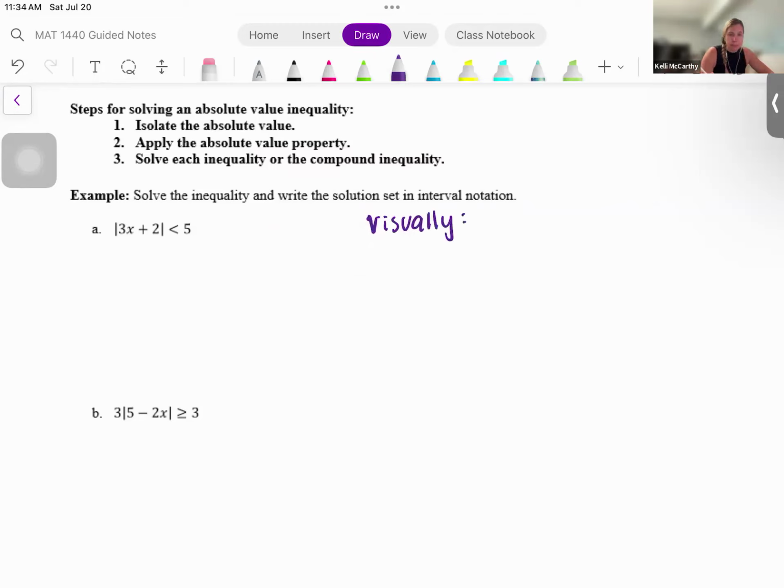Let's think about what this means visually. What this is saying is that this expression 3x plus 2 is fewer than 5 units from 0. So here's 0. Negative 5 is exactly 5 units from 0. Positive 5 is exactly 5 units from 0.